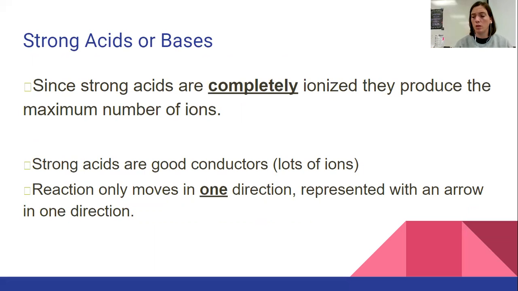So this is represented with an arrow in one direction. All right, so I know it's going to be kind of hard to see, but you'll see in my notes where I have the hydrochloric acid, all right, draw one arrow, okay, pointing towards the ions, all right, because once it goes to the ions, it doesn't go back to being the acid, it stays that way.